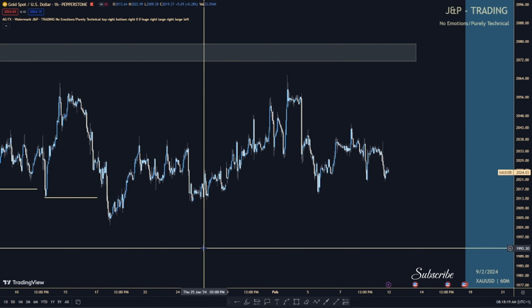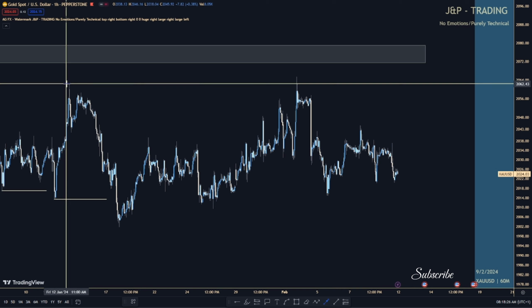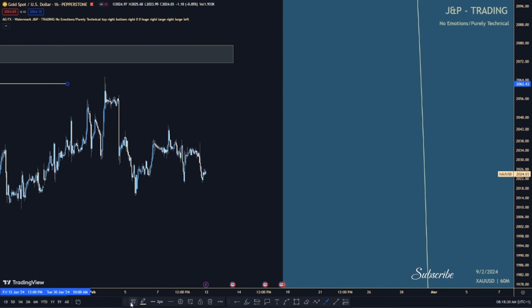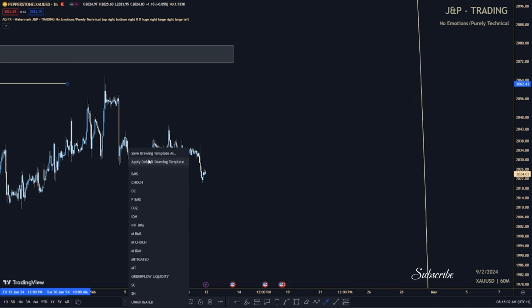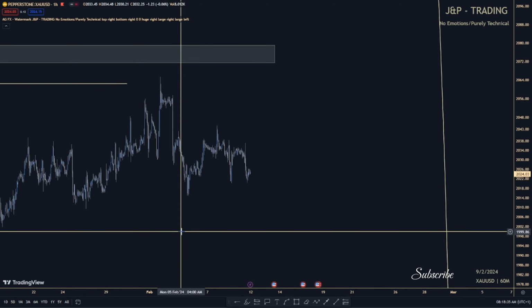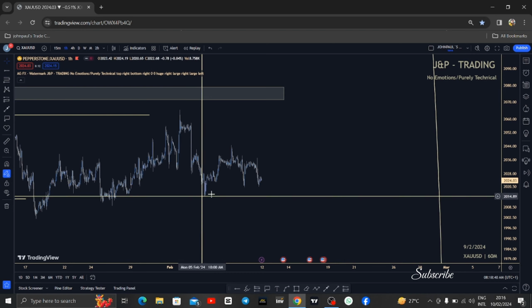So we are expecting that gold will rise up from where it is currently, because we are dealing with a major CHoCH here, and I'm anticipating that gold will go up from there.